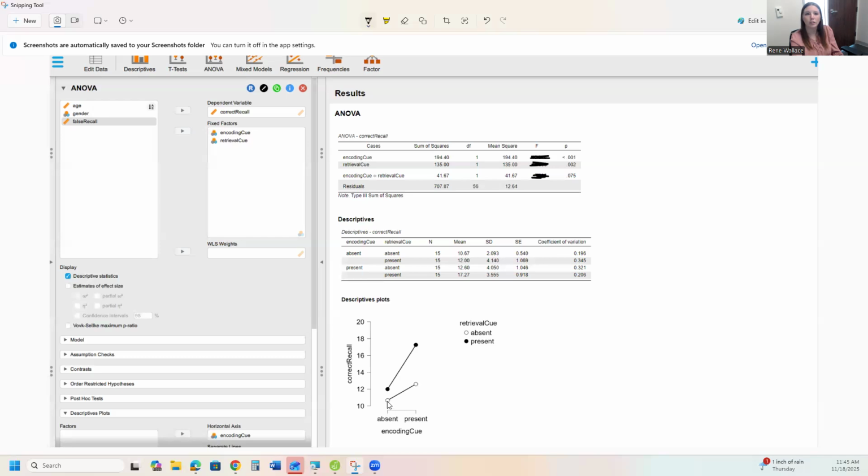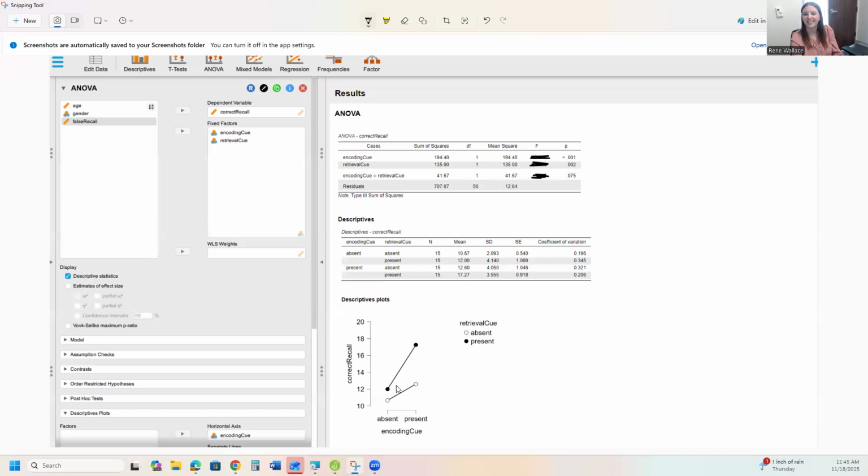So that would be the NC, where they had no cues at all. And then it looks like the next one might have been when the cue was present at encoding, but not at, sorry, hold on.